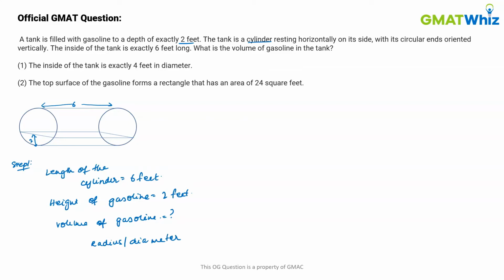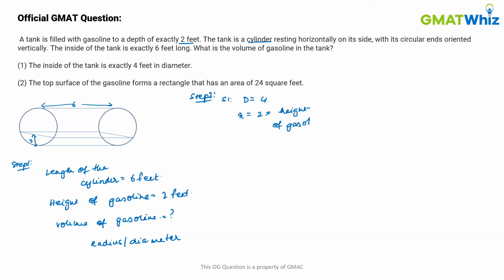Now let's move on to step 2 and analyze the statement 1. The statement 1 tells me that the inside of the tank is exactly 4 feet in diameter. Now this directly gives me the diameter, which is 4. I can find the radius, which is 2. And if you notice that the radius is 2, which is also equal to the height of gasoline.